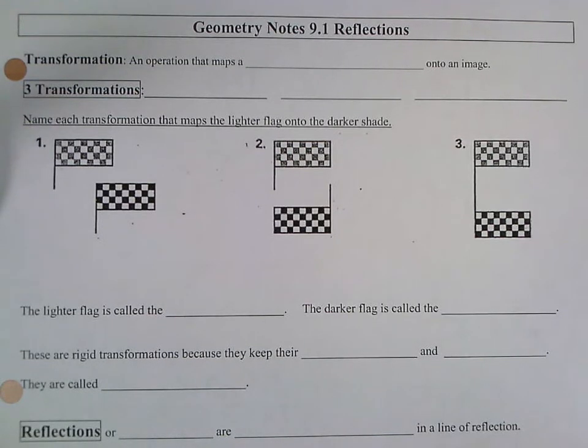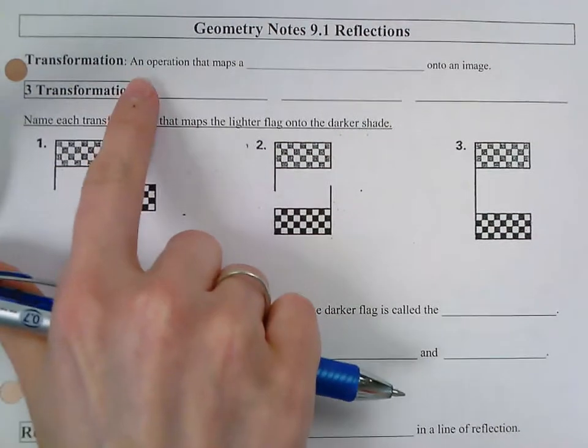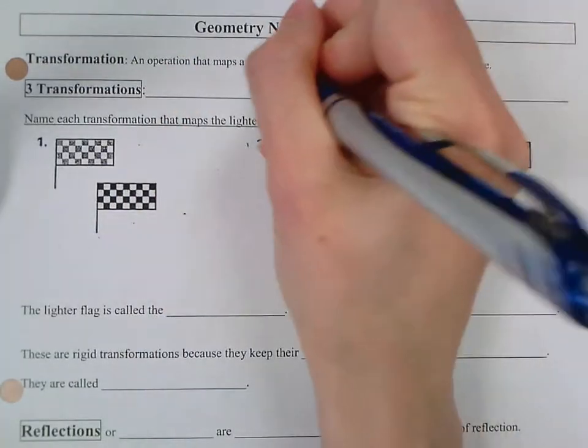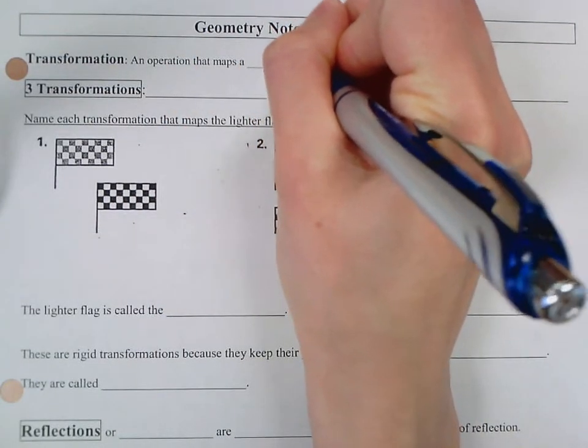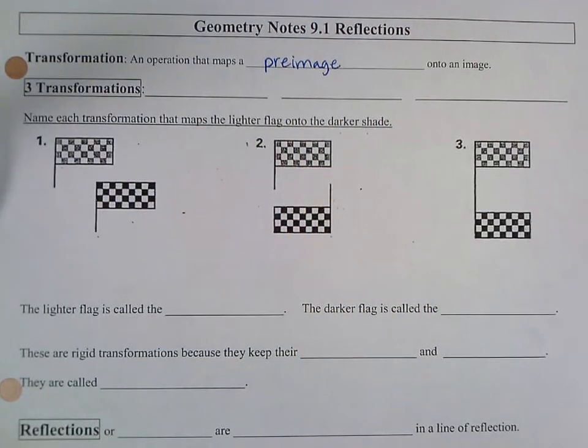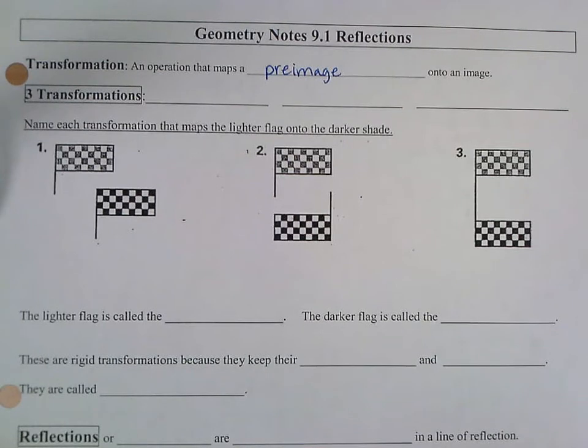So a transformation, to start out, it is some operation that maps what's called a pre-image onto an image.